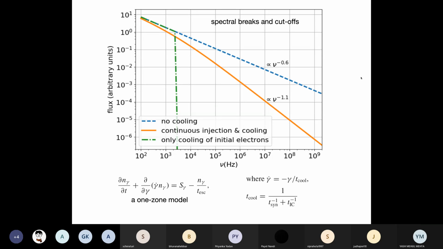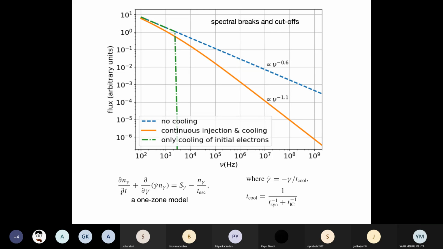So this is actually a rather simple modeling that is very popular when it comes to modeling non-thermal emission from sources such as radio galaxies and other sources like GRBs, which show non-thermal emission. So what you see here is this equation, ∂/∂t of n_γ plus ∂/∂γ of γ-dot n_γ.